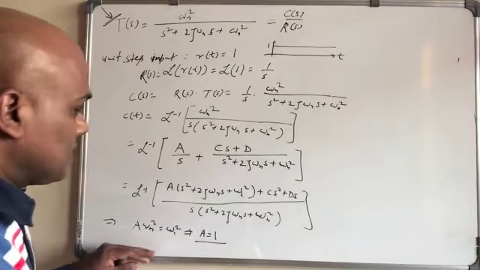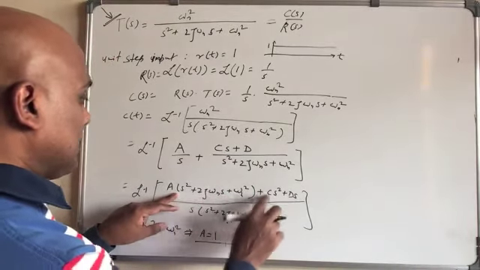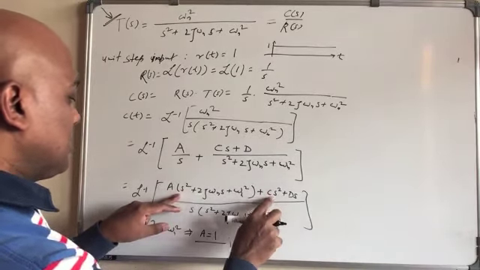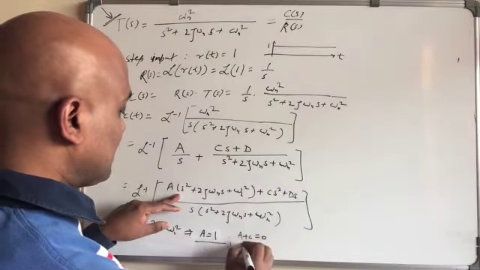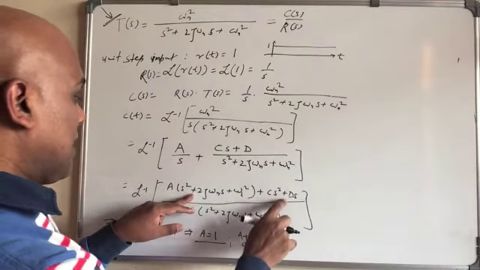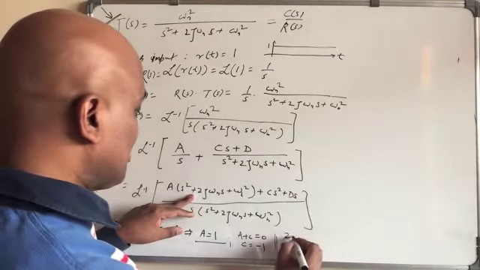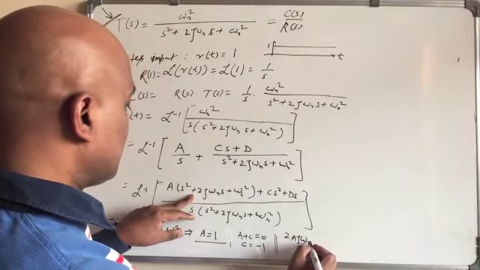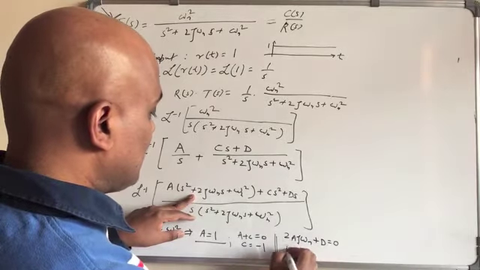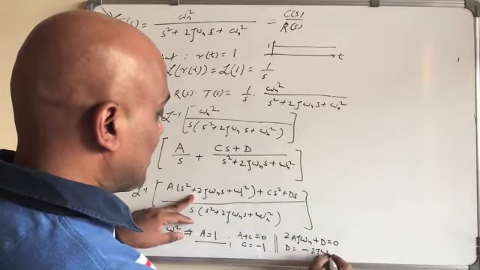Hence we can find C from the s square coefficient, which should be 0. So A plus C equals 0, hence C equals minus 1. And then we have 2 A zeta omega n plus D equals 0, so D equals minus 2 zeta omega n simply.